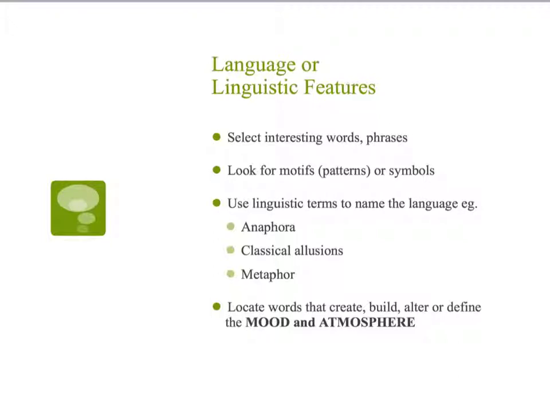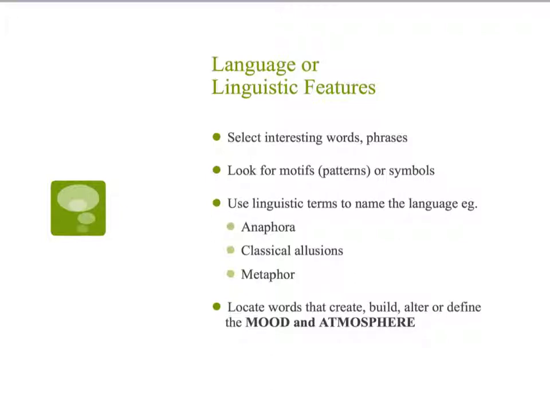The first L stands for language or linguistic features. So really try to look for and trust your instincts on this, the interesting words and phrases that stand out. Look for motifs, patterns that are repeated, or symbols, things that represent or suggest something else. Try to really name the language, use the linguistic terms, for example, anaphora, classical allusions, metaphor.